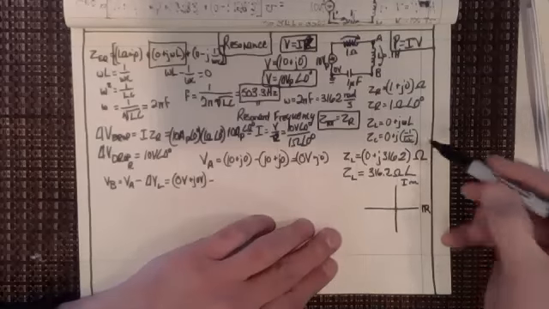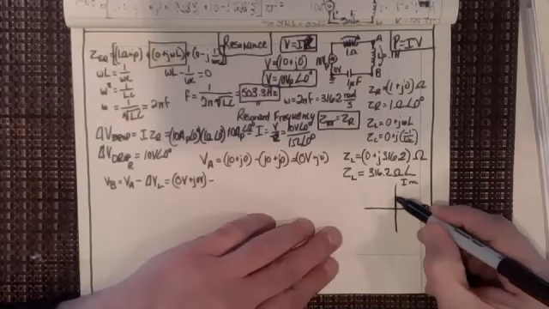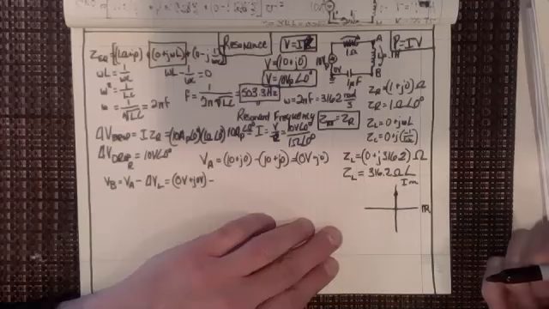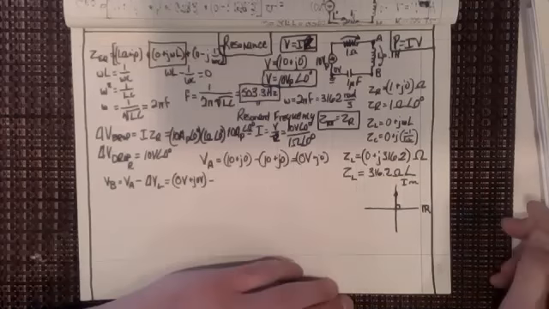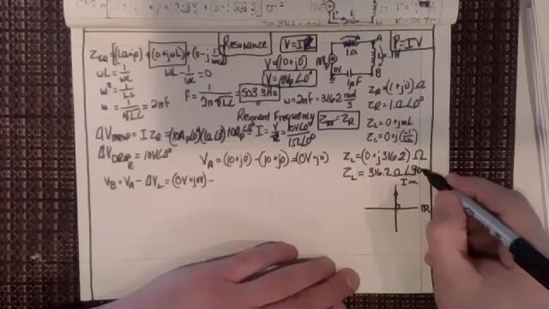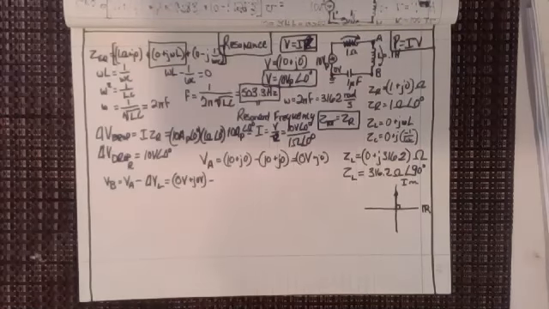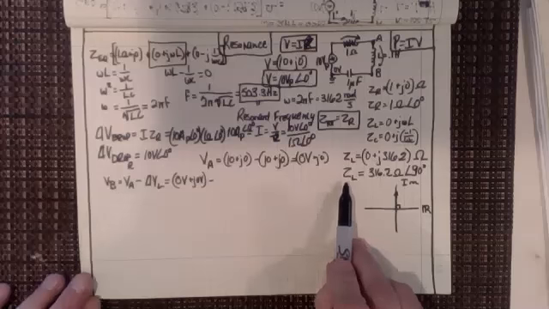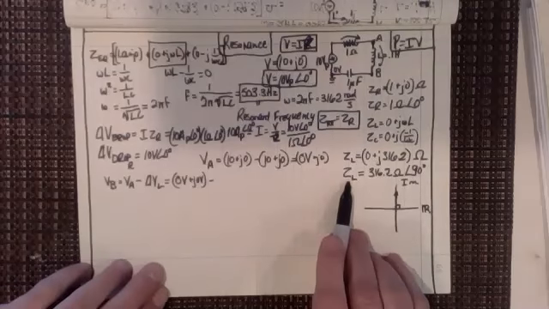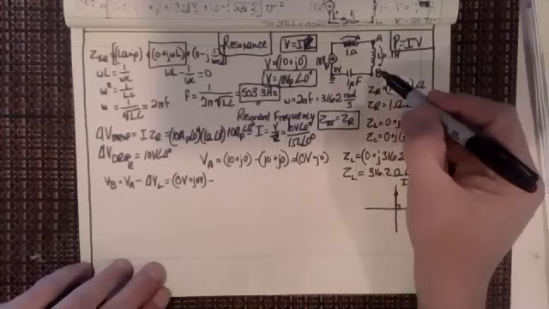And if I look at this, of course, this is all j, isn't it? Right? All j. So the angle I've got there is 90 degrees. So that's what my impedance is for the inductor that I've got right here.